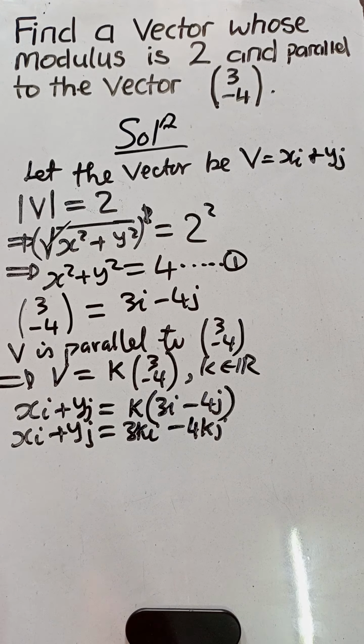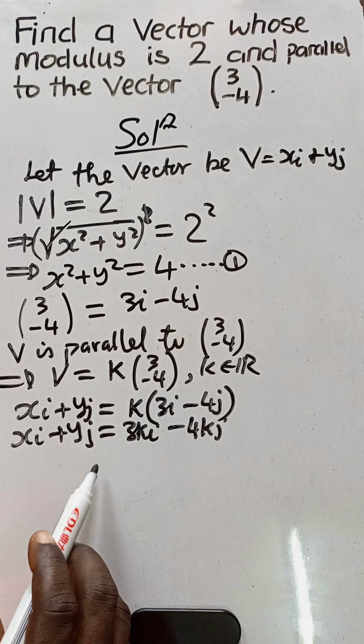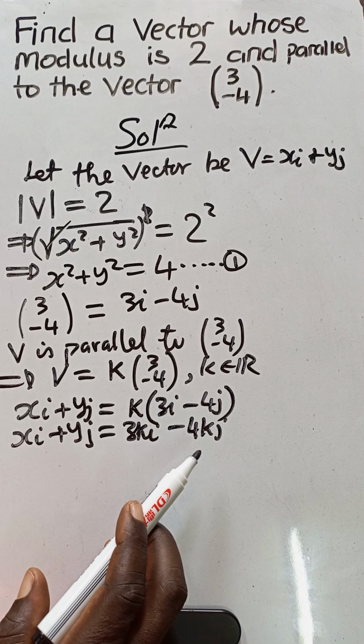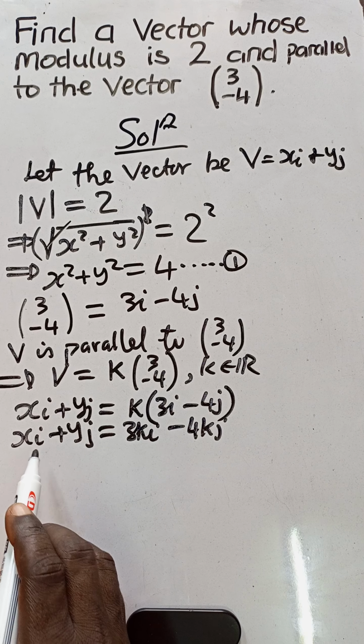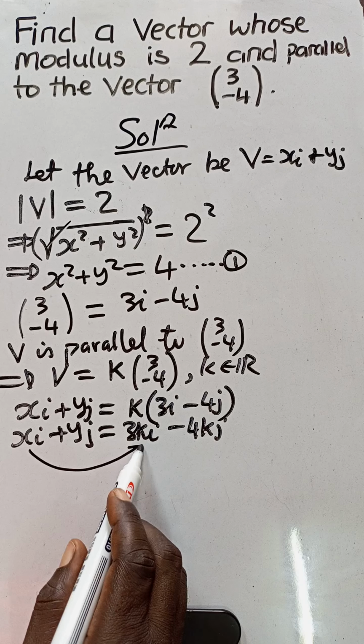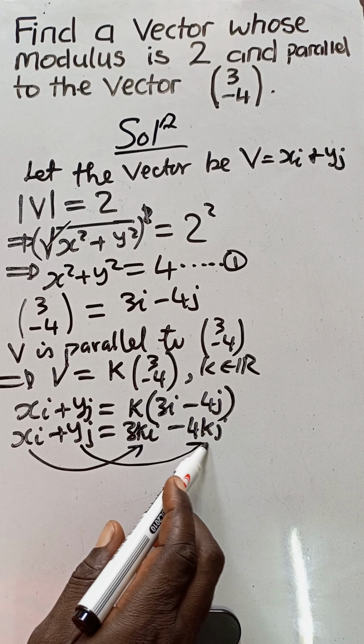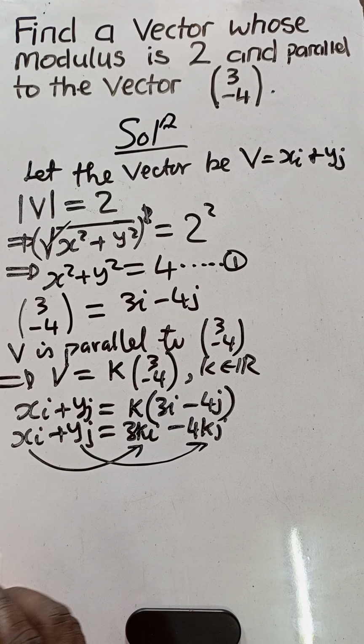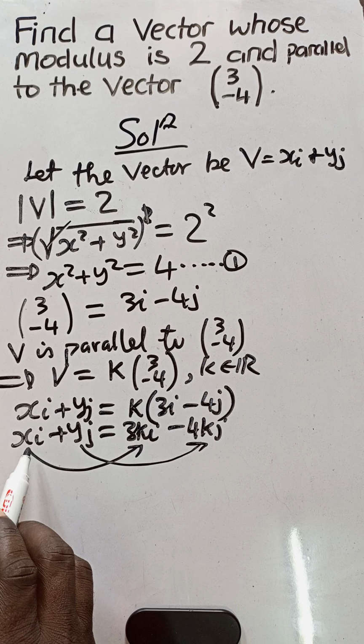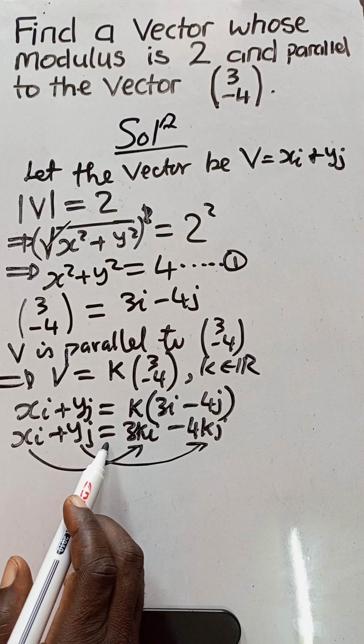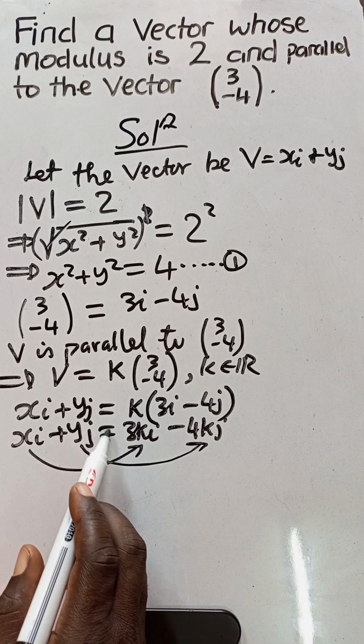So now, we have this vector equals this vector. The condition for the equality of two vectors is that we equate corresponding components, because on the left-hand side is a vector, on the right-hand side is a vector, and we're told that they are equal.